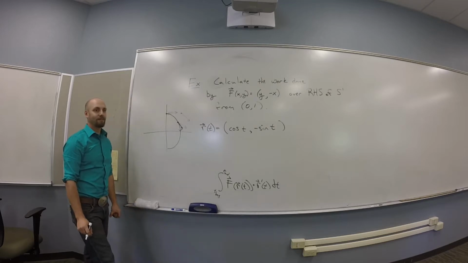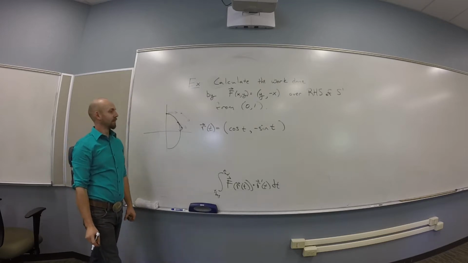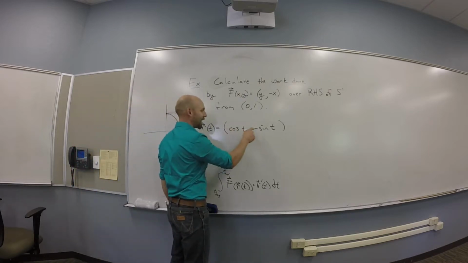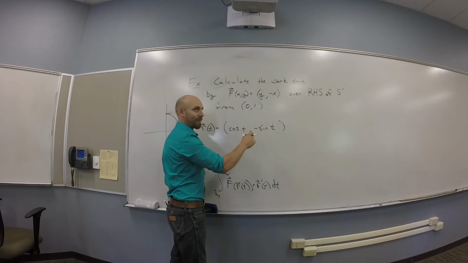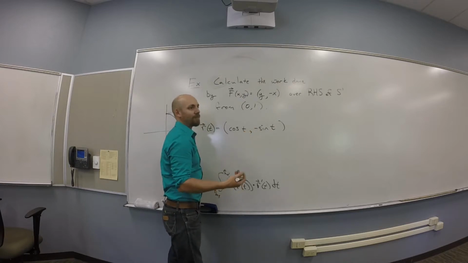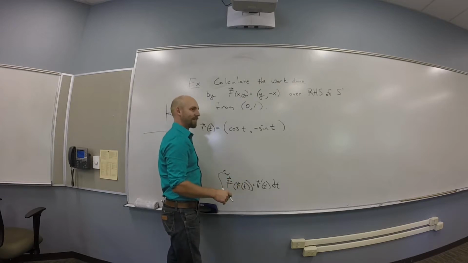Could you also just make cosine t negative and leave sine t positive? You could try. If you make this bit negative and that bit positive, things will be confusing. You could figure it out. It'll work, I think.